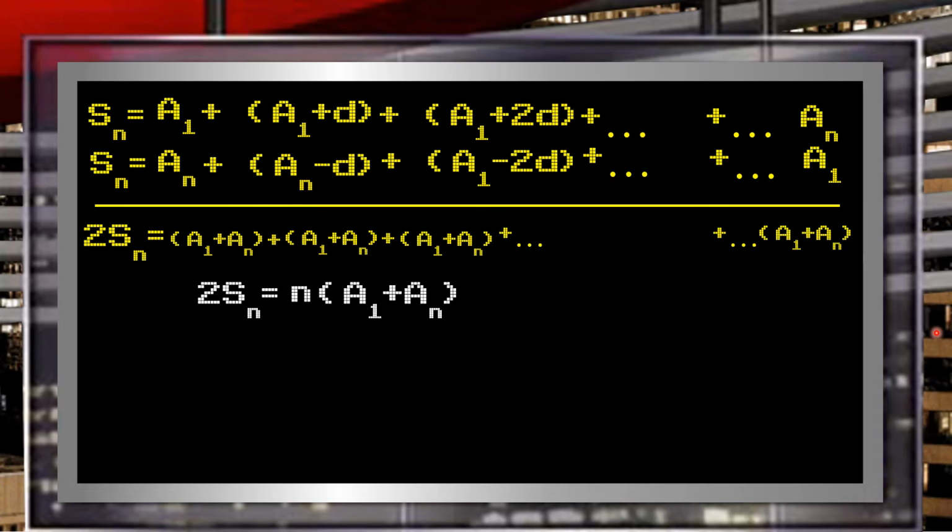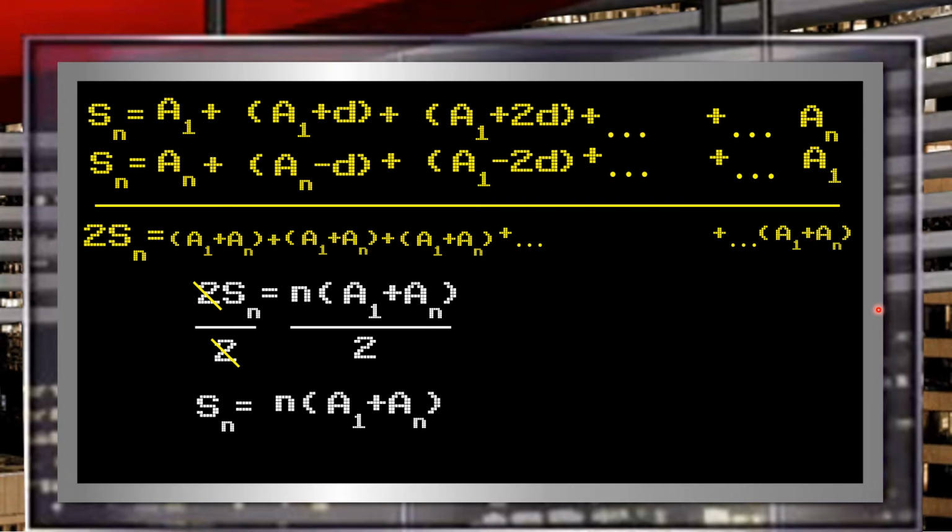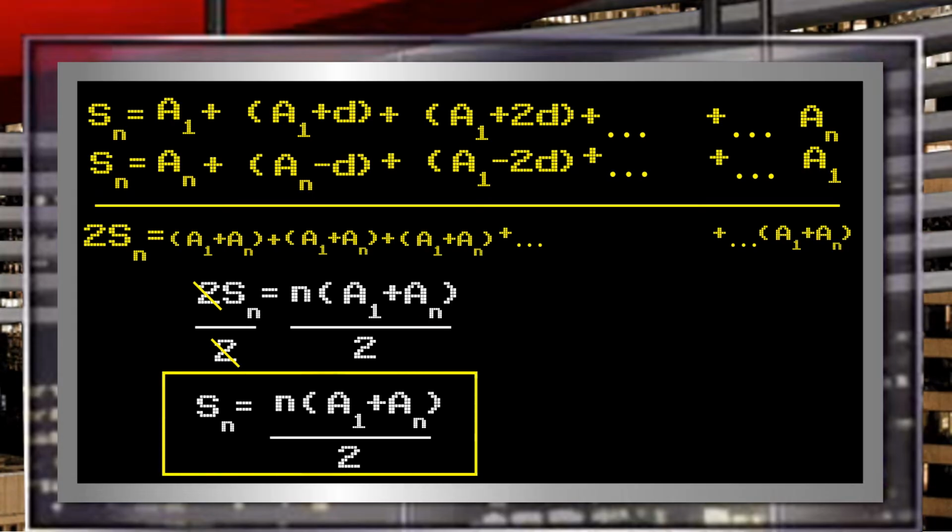We divide both sides by 2. Now the 2 is cancelled. What remains on the left side of the equation is s sub n equals n times the quantity a sub 1 plus a sub n divided by 2. This is now our formula for getting the arithmetic series.